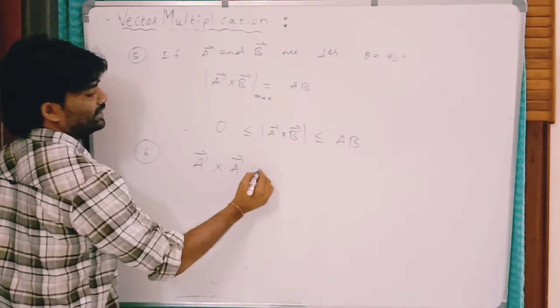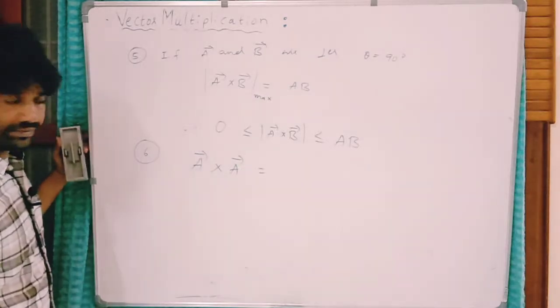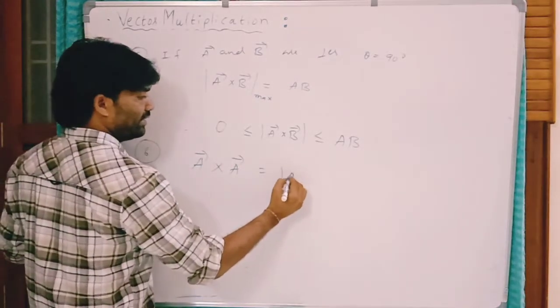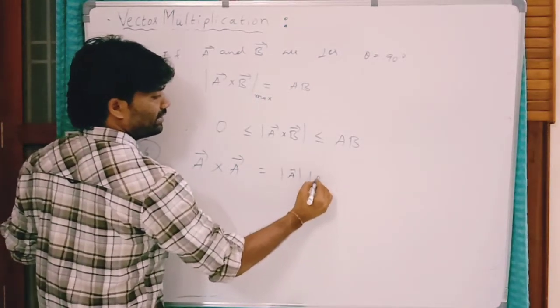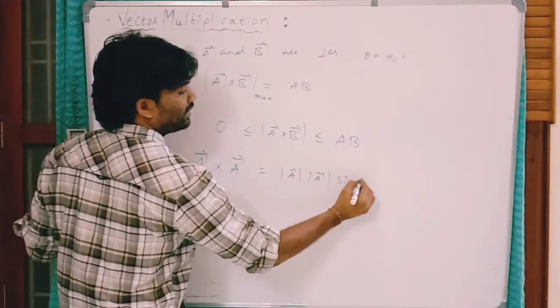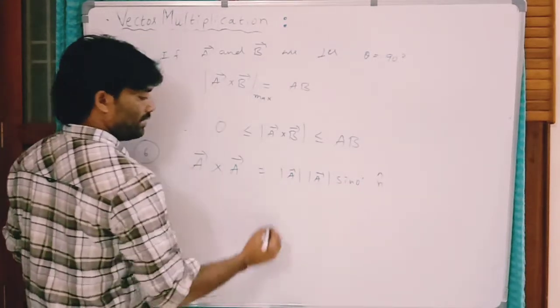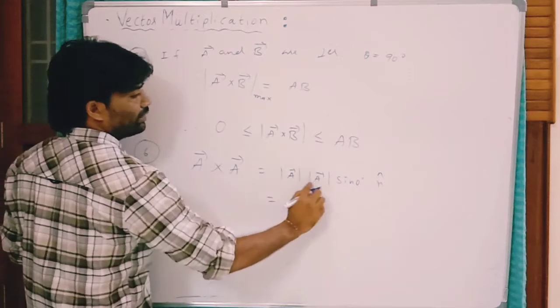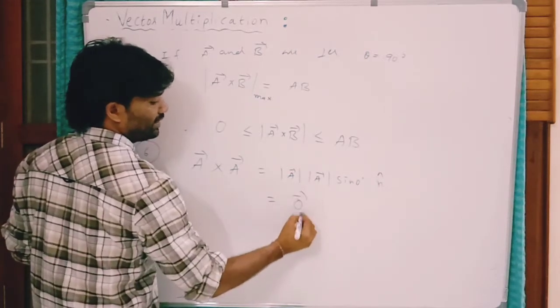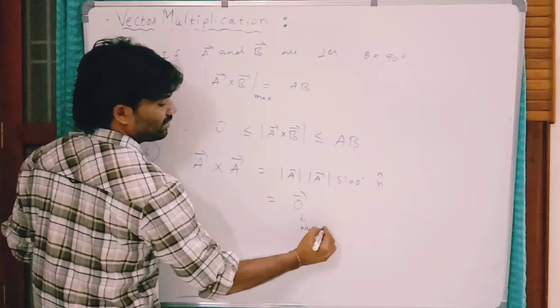Now the sixth one is the cross product of the same vector with itself. A cross A is what? Mod of A into mod of A sine 0 into n cap, right? Sine 0 is 0, 0 into n cap is a null vector. Again this is a null vector.